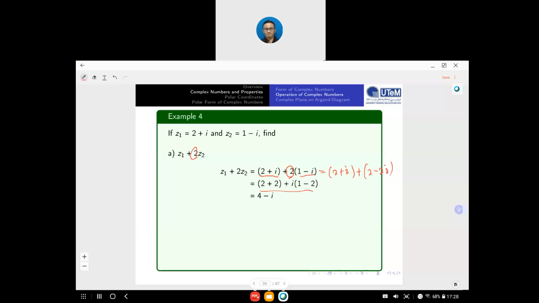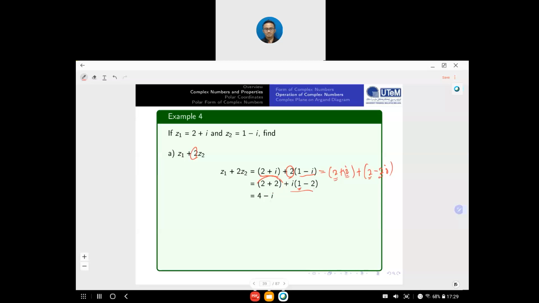Additions: if you want to solve the addition, make sure the imaginary part must be solved with the imaginary part only, and the real part must be solved with the real part. Okay, a must go with c because that one is the real part. Plus, i stays outside. b plus d. Okay, this one is for the real part.